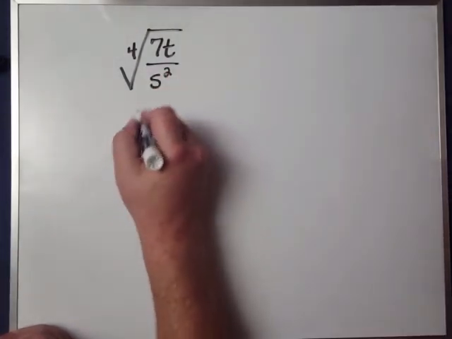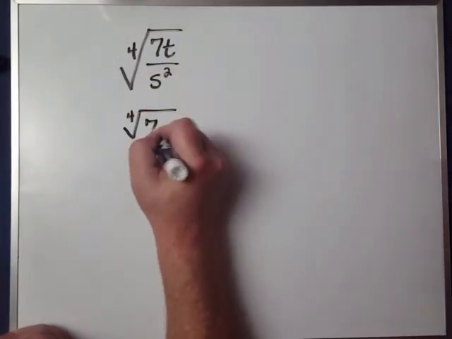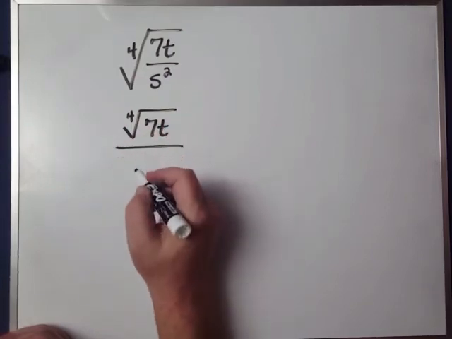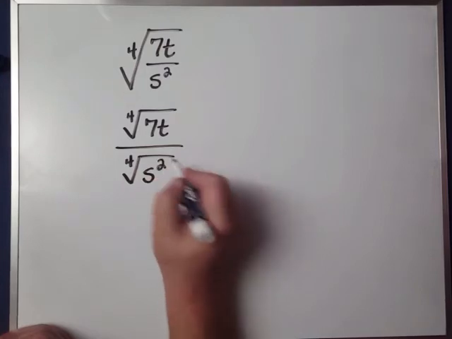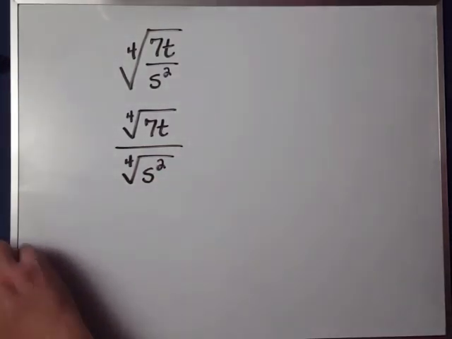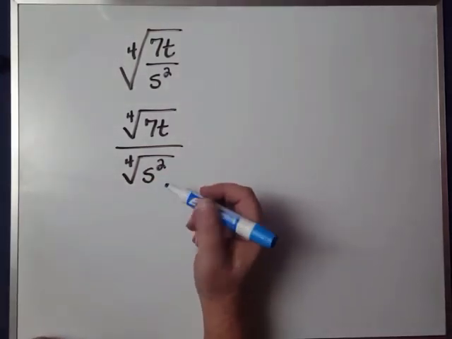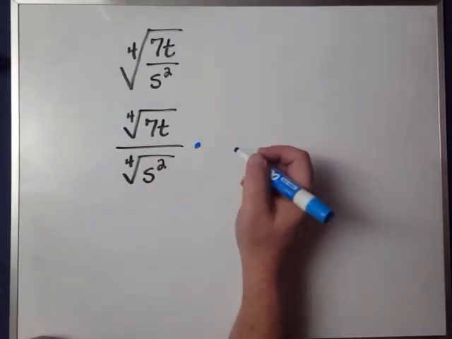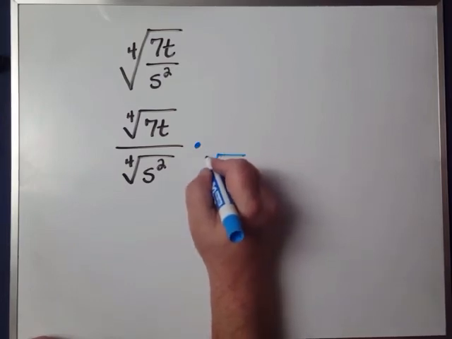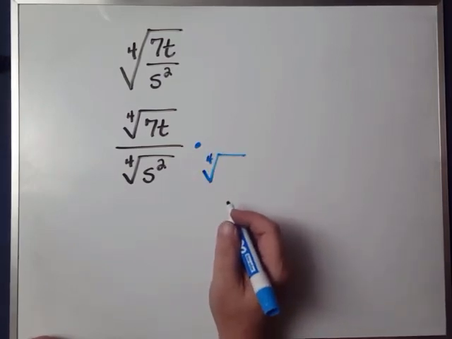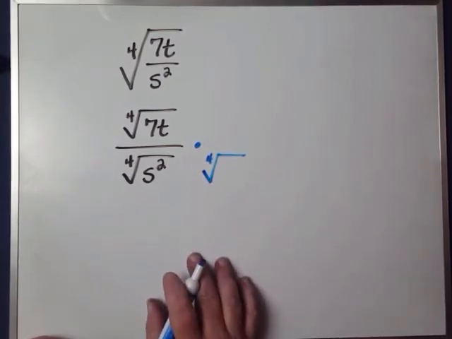We'll split this using our quotient rule for radicals, taking care of that fraction under the fourth root. Now we've got to deal with this radical in a denominator. We need to rationalize this denominator, multiplying the top and bottom by the fourth root of something that will give me a 4 of a kind.